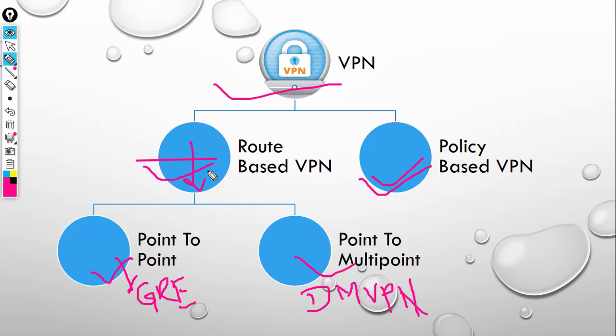Some security appliances support route-based VPN, some don't, but if I talk about Checkpoint, previously Checkpoint was not able to support route-based VPN; it was only supporting policy-based VPN.